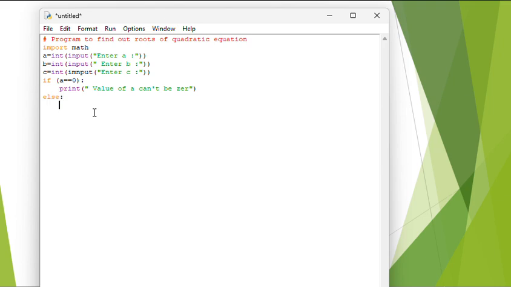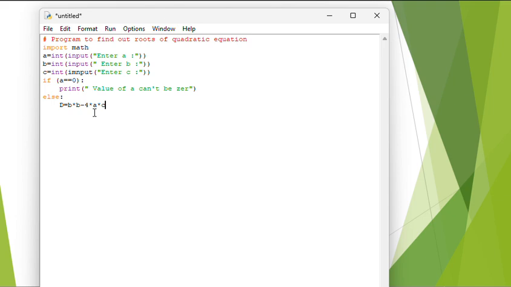So else we write here capital D equals to b into b minus 4 into a into c. So this is the value.